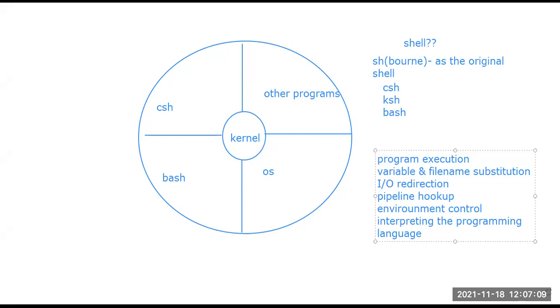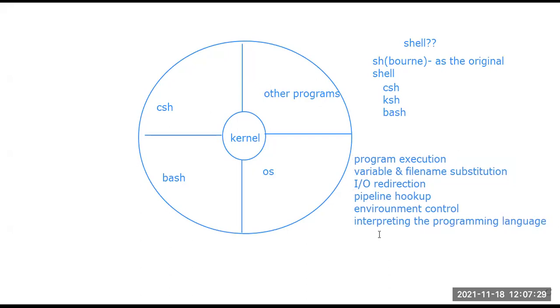And to do that, the roles of the shell are program execution, variable file name substitution, IO redirection, pipeline hookup, environment control, and interpreting the programming language.